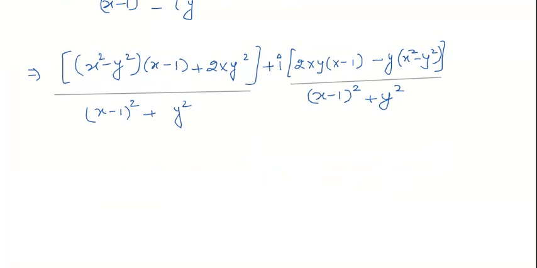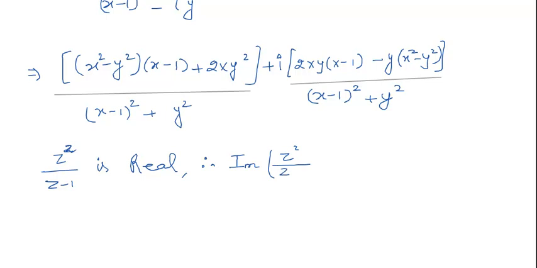Now as in the question it has been stated that the number z square over z minus 1 is real, therefore we can say that the imaginary part of z square over z minus 1 should be equal to 0. Therefore this portion, where iota is there, that should be 0.